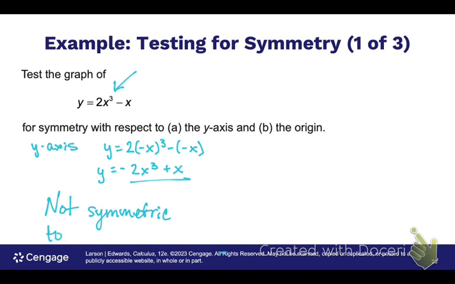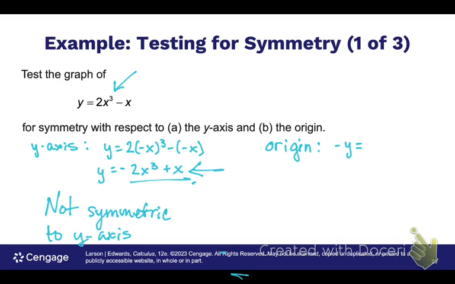Okay, so now I have the origin. So what do I do for origin? You replace both the x and y. So a negative y equals, now I already know that the negative x is going to equal this over here. Yes?